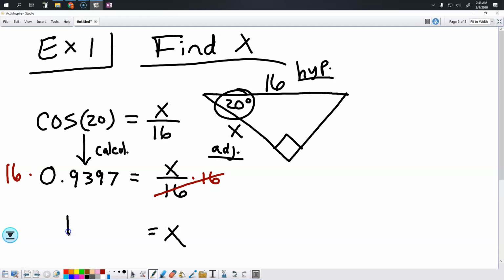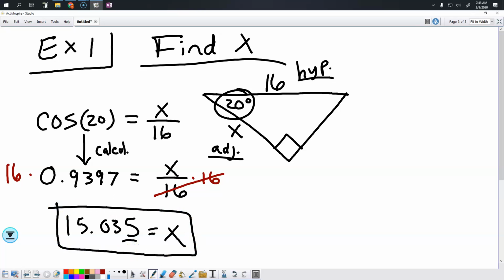And we should be getting 15.035, and we'll just round to the thousandth place for now. So if you have a triangle with a hypotenuse of 16 and an angle of 20, then the adjacent side would have to be 15.035. Okay? So that is that.